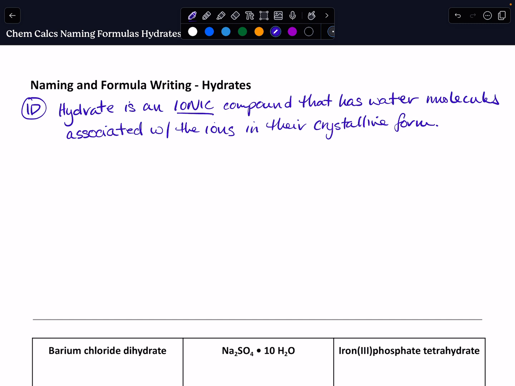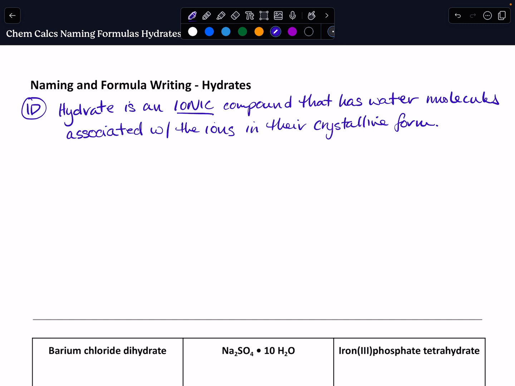Sometimes these water molecules can be covalently interacting with the ions, but usually it's more of an electrostatic interaction. The water molecule is very polar, so the positive ends of the water molecule can interact with the anion, and the negative parts can interact with the cation. When the ionic compound is in its solid crystalline state, there can be holes in that crystal, and these water molecules can sit inside of those holes.